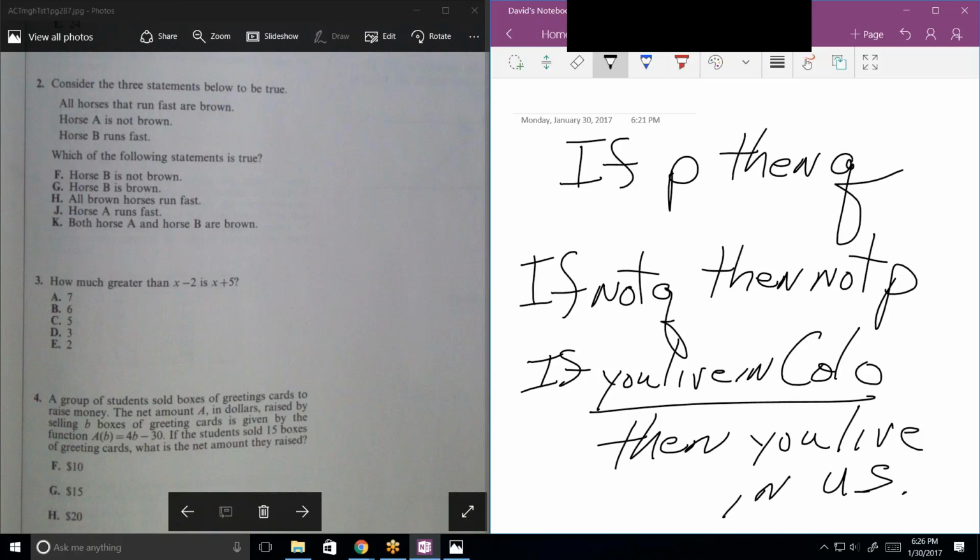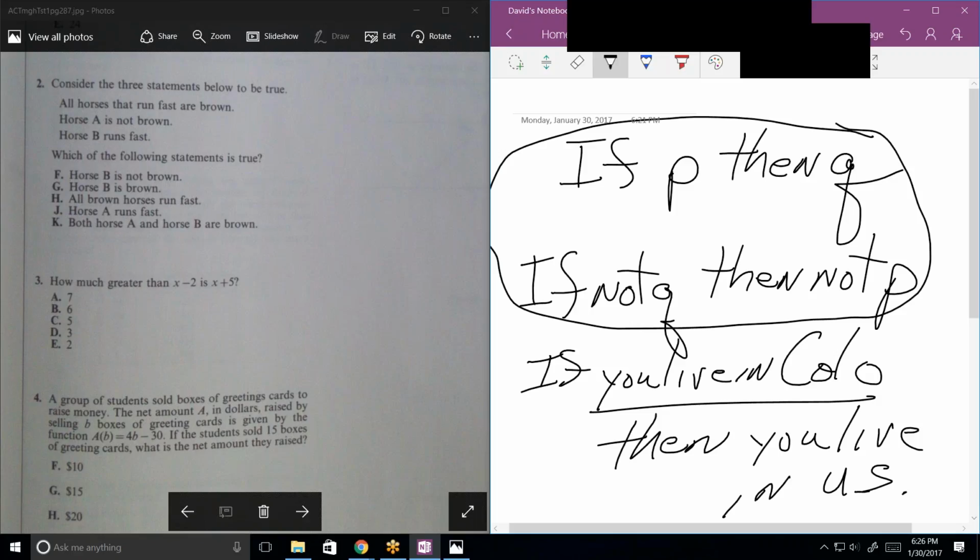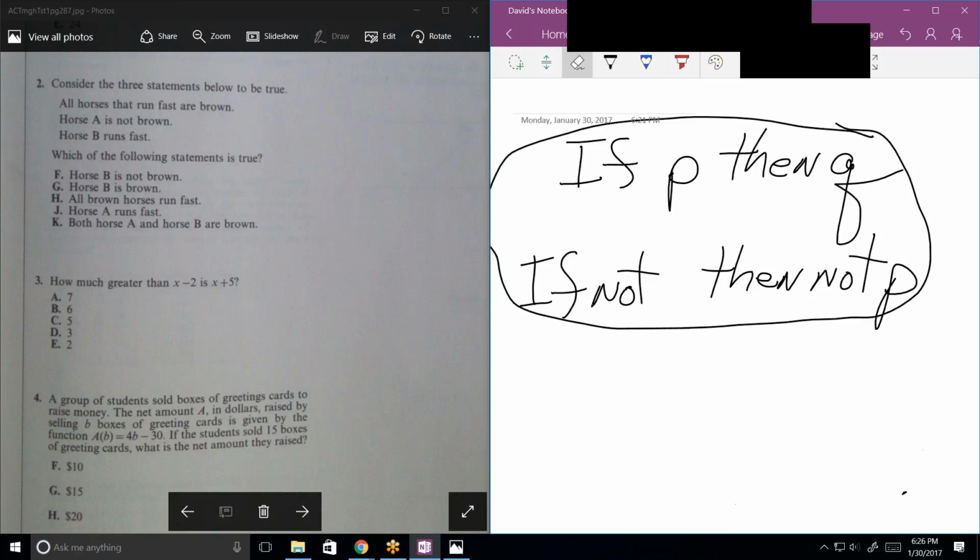Okay. So this is really the only one that you have to know, and that is really the only thing you can say. Sometimes if Q then P is true. If I say if an angle is 90 degrees, then it's a right angle, well, in that case the reverse happens to be true: if it's a right angle, then it is 90 degrees.